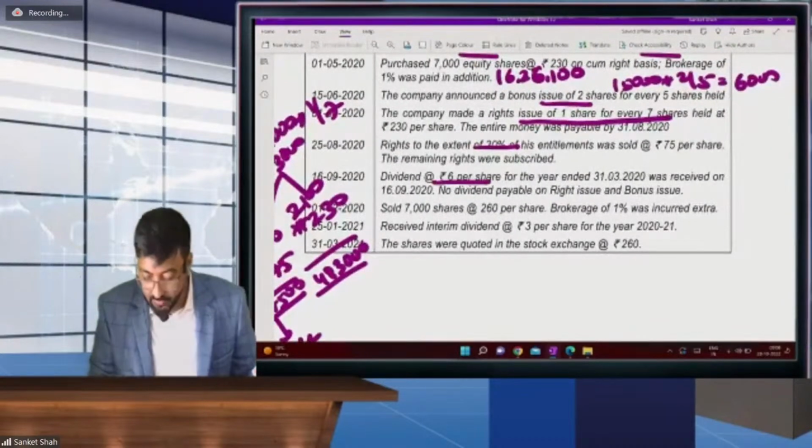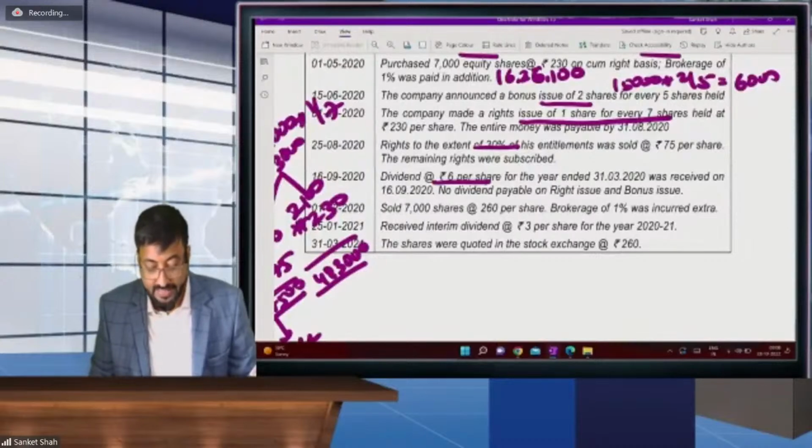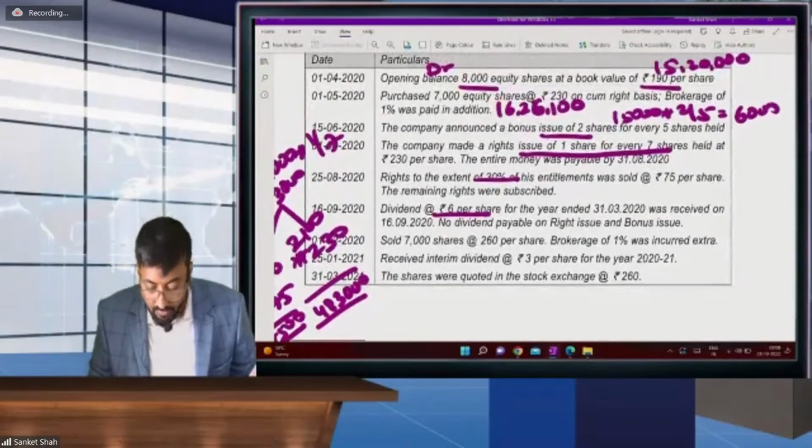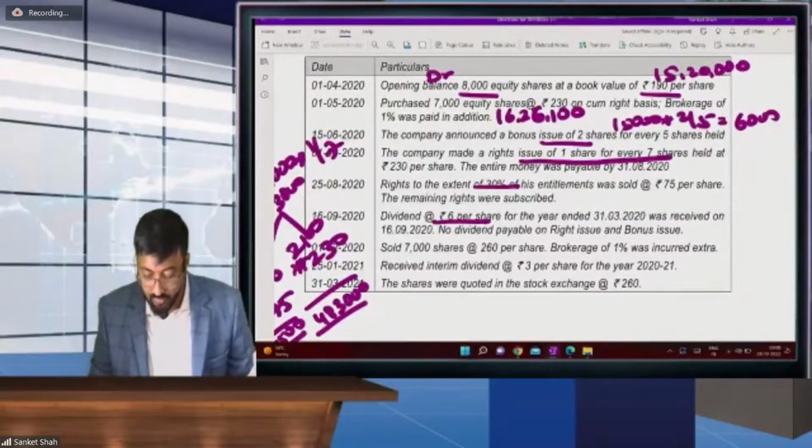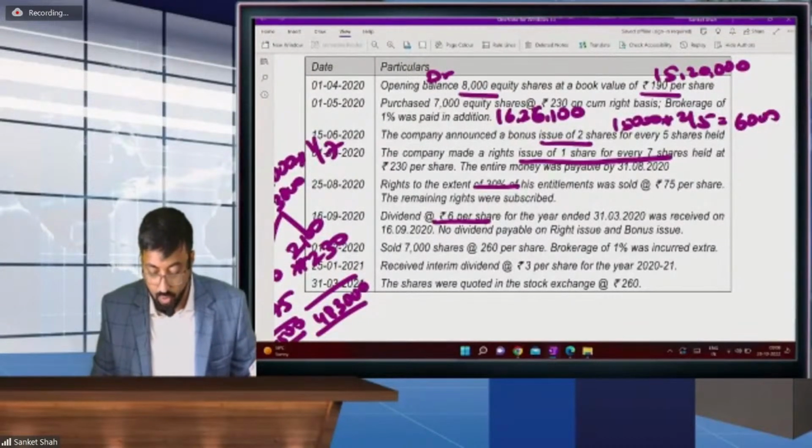Dividend of rupees 6 per share was received on 16th September for the year ended 31st March. No dividend on right shares and bonus shares.